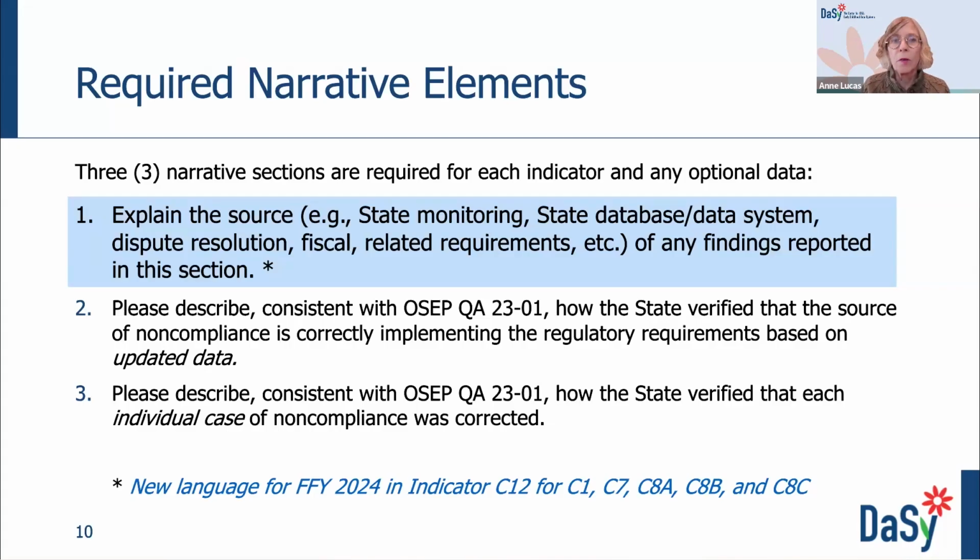So they wanted to know more information about that. And they've changed it this year to talk more about the source. Any questions about that before I go on? Okay, let's go on to the next slide.